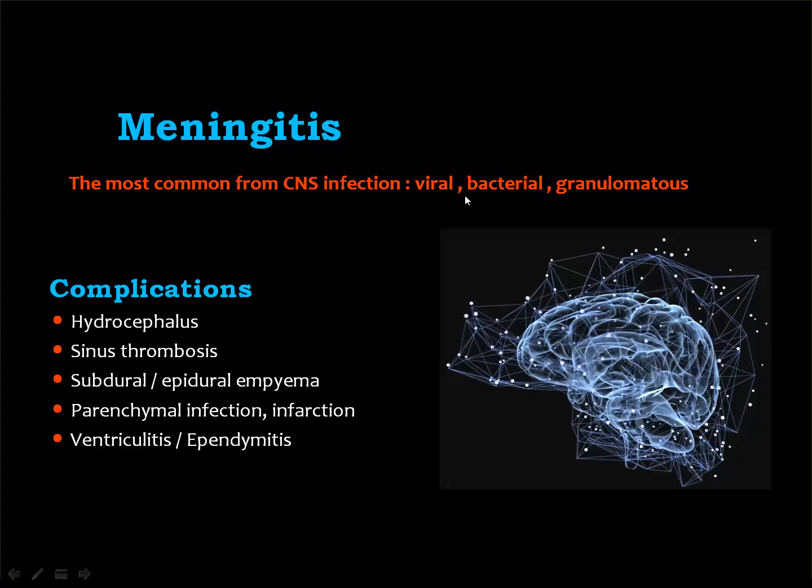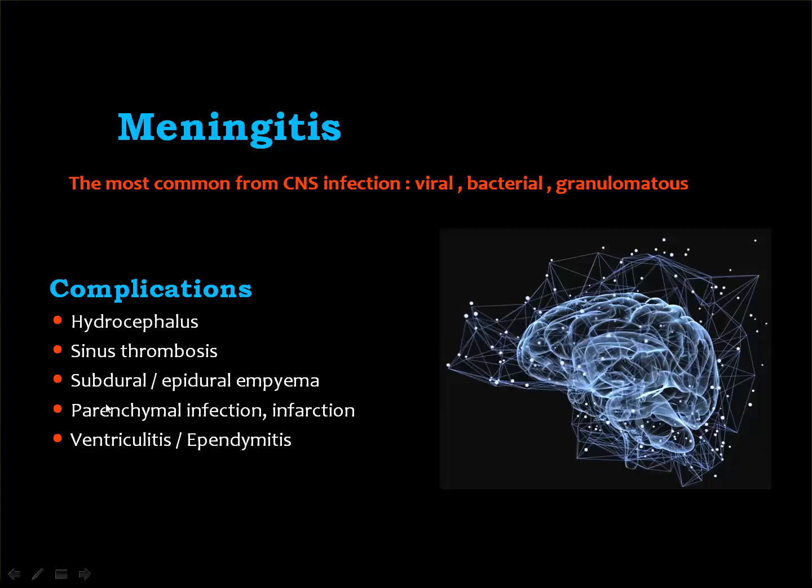If the meninges are inflamed, this will obstruct the absorption of the CSF by the arachnoid villi in the subarachnoid space, resulting in hydrocephalus. The inflammatory granulation tissue adjacent to the vessels may result in venous thrombosis and arterial spasm.